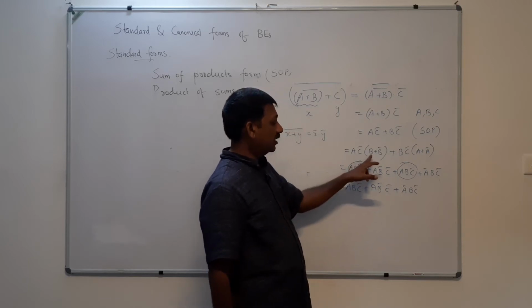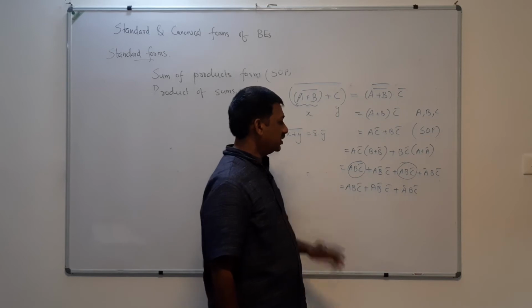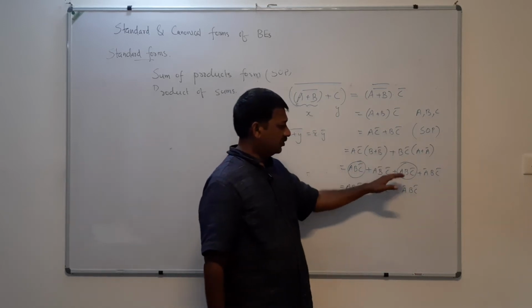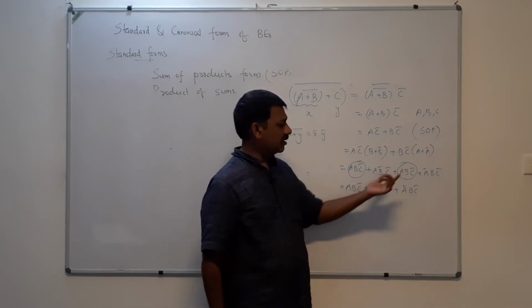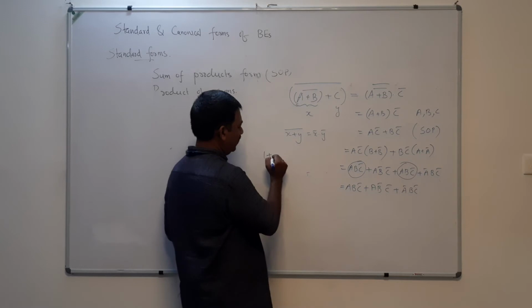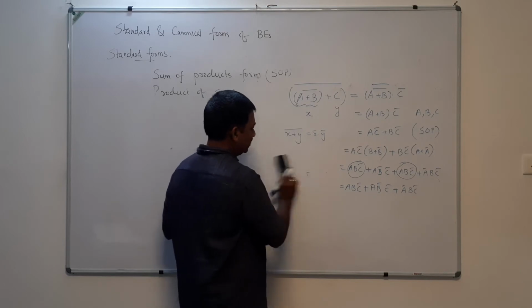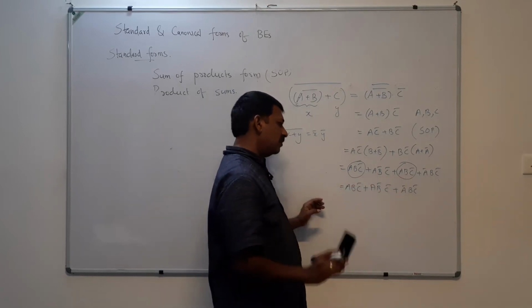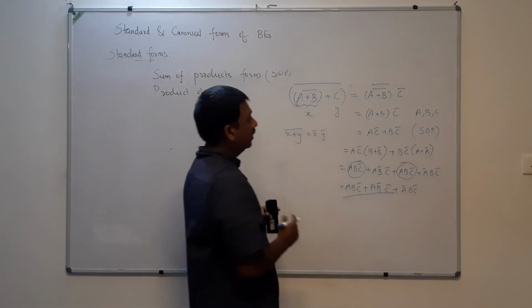Here also multiplying B plus B bar, B plus B bar is 1, so there is no change in the end result. After that we multiply, and here ABC bar plus ABC bar, that means 1 or 1 is 1 and 0 or 0 is 0. That means ABC bar plus ABC bar is ABC bar itself. That is why this result. Okay.